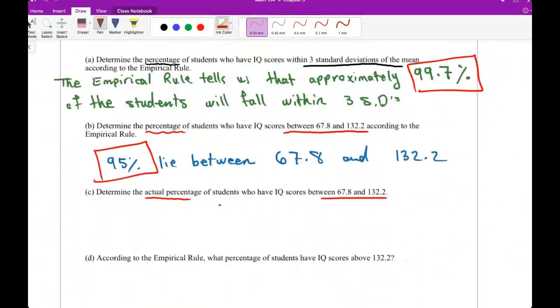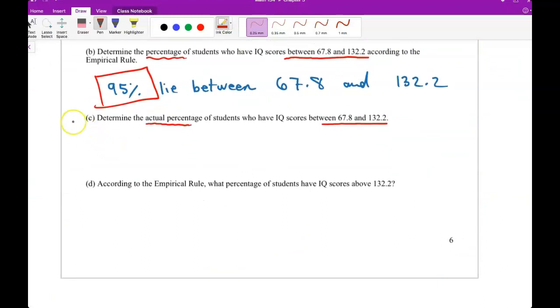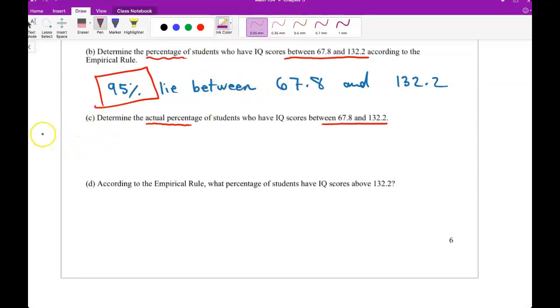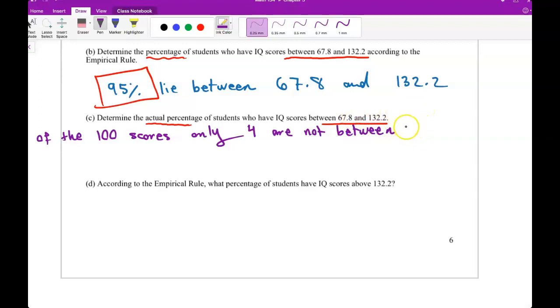Let's use those to find the answer for part C. Using the table on the first page for University A, of the 100 scores, only 4 are not between 67.8 and 132.2.